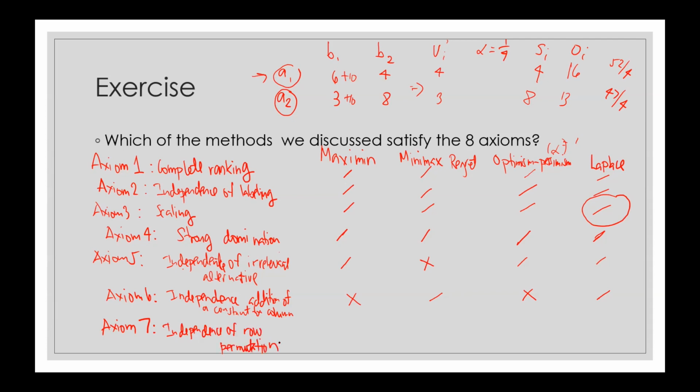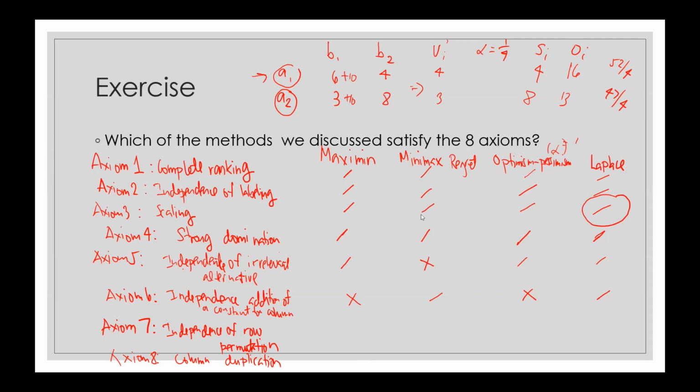I give you 5 minutes to determine which among maximin, minimax regret, optimism, and Laplace satisfy or do not satisfy row permutation. Let's also do action 8, column duplication. So which of these do you think satisfy and do not satisfy?